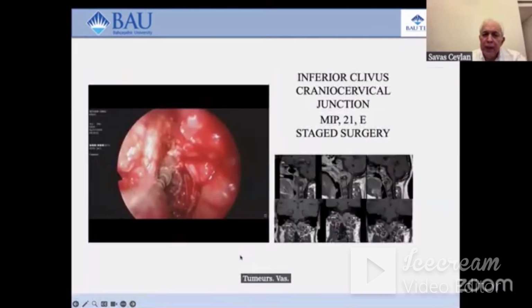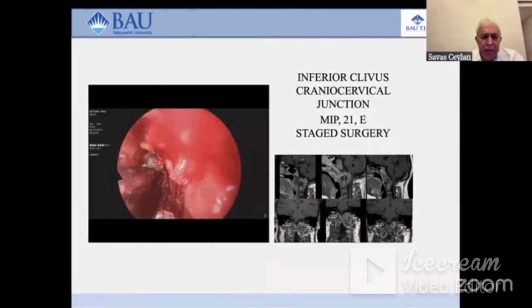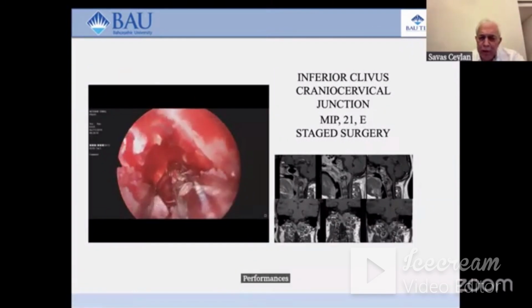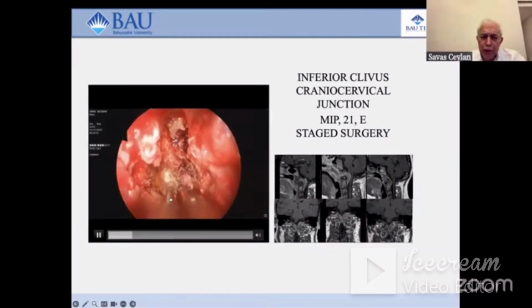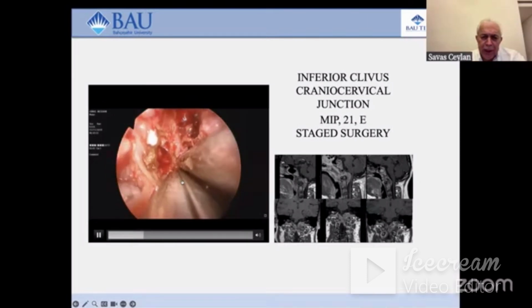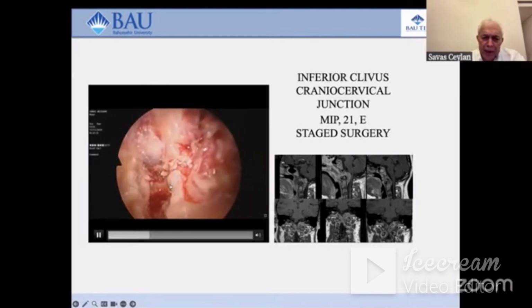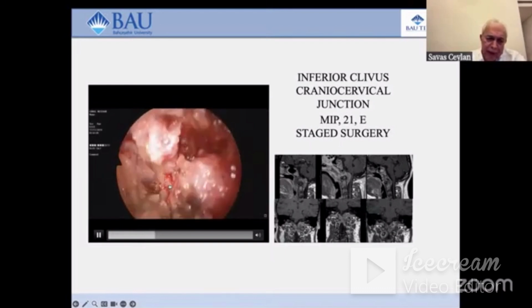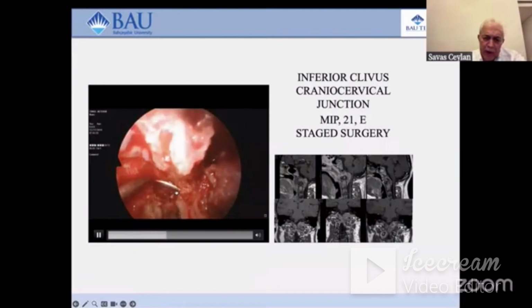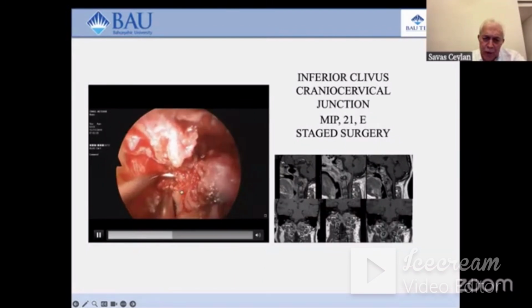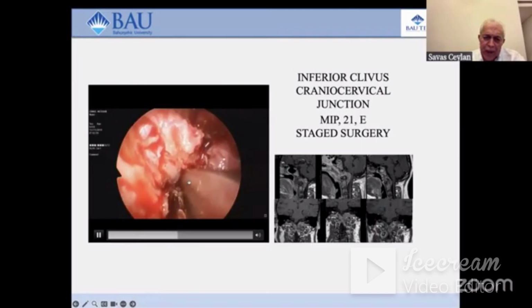In the other case, we performed staged surgery. In the first surgery, we removed the lower clival tumor, and in the second surgery, we performed a transodontoid approach and reached the C1 arch and the left lateral side. The C1 anterior arch was removed, and then we reached the condyle.